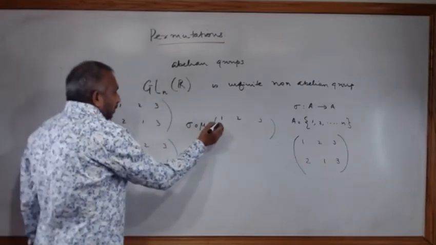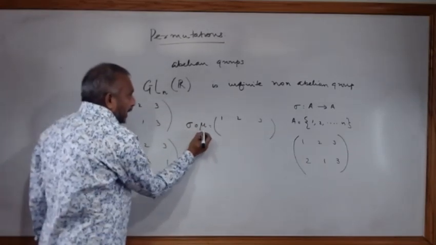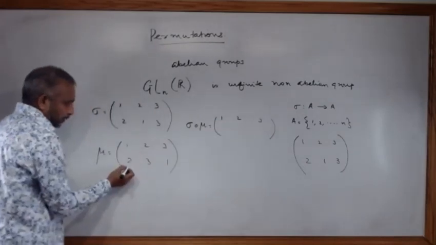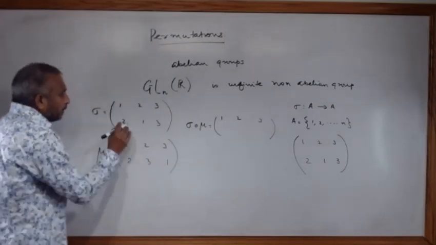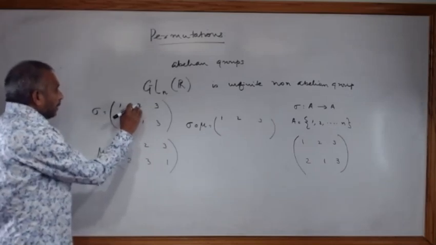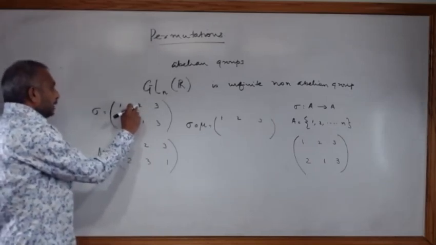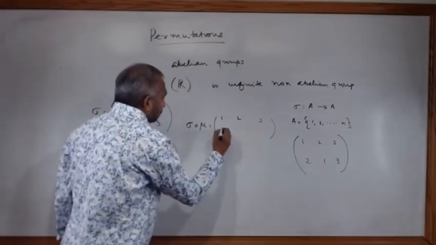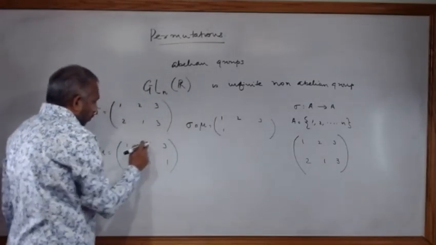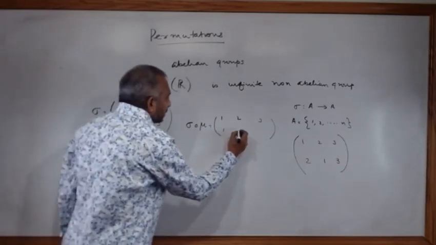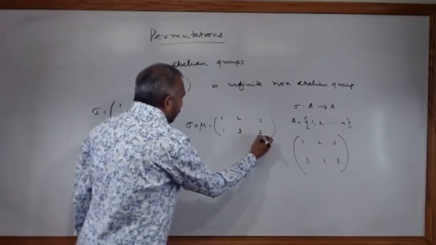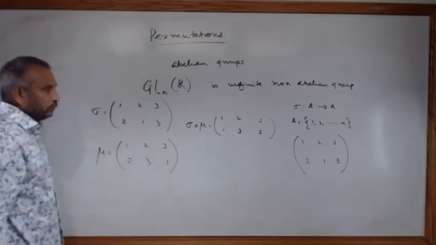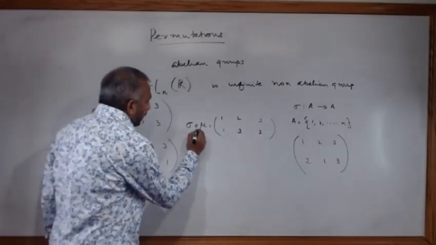The composition goes like this. First you take the image of 1 under mu, that is 2. Then the image under sigma, so that is going to be 1. Then 2 goes to 3, and 3 goes to 3. This is 3, and automatically this will become 2, because 3 goes to 1 and 1 goes to 2. So this is our binary operation.